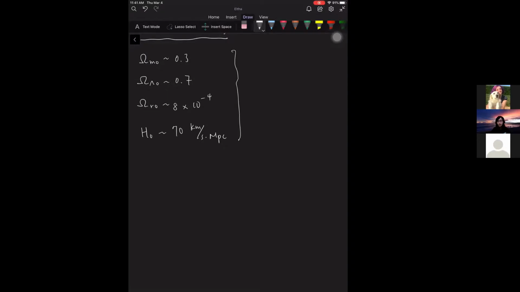So we can make a plot of log density divided by the critical density. The critical density is defined as 3 H naught squared over 8 pi G.